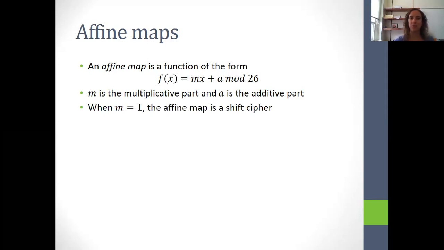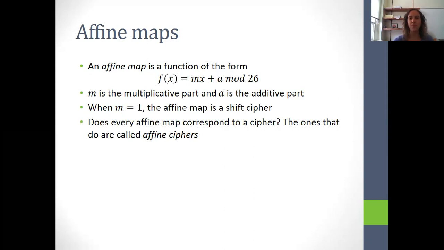So when m is equal to 1, so if you replace this with 1, then you just get f of x equals x plus a mod 26, then we exactly have a shift cipher. So the question that we want to answer is, does every affine map correspond to a cipher? And again, we'll explore that next week. The ones that do are called affine ciphers.